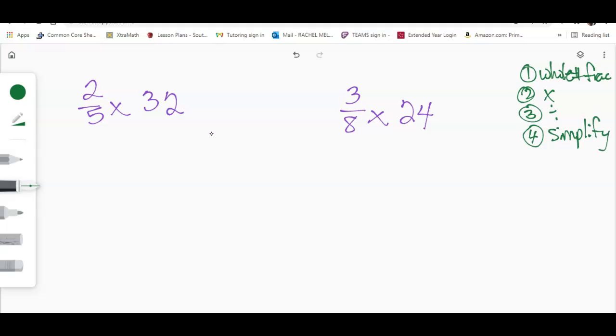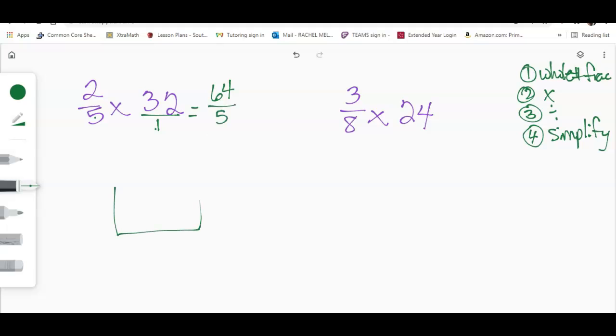All right, so 2/5 times 32. Well, 32 over 1 is my fraction now. 2 times 32, if I do that mentally, that's 64. 5 times 1 is 5.